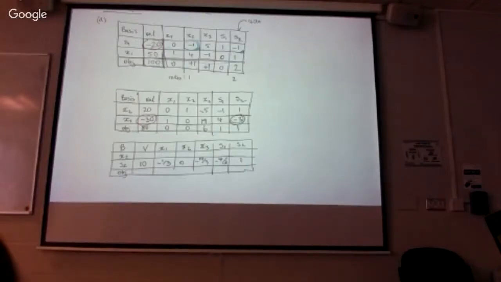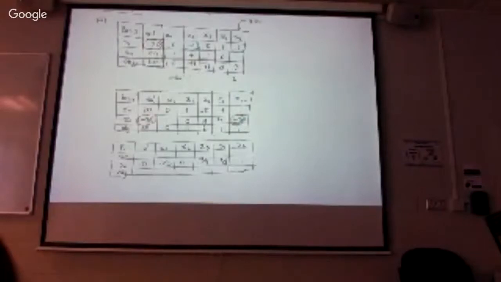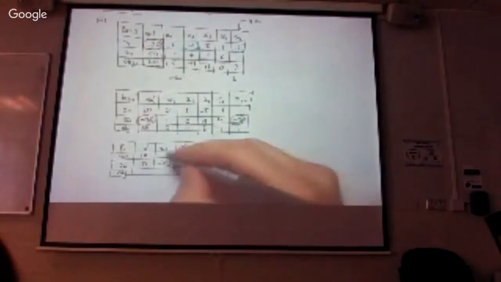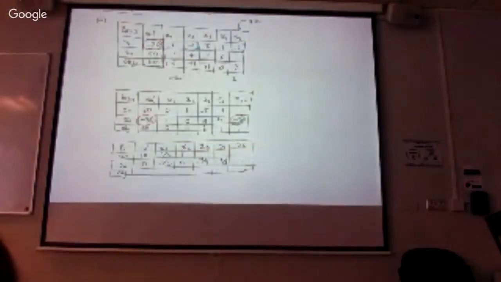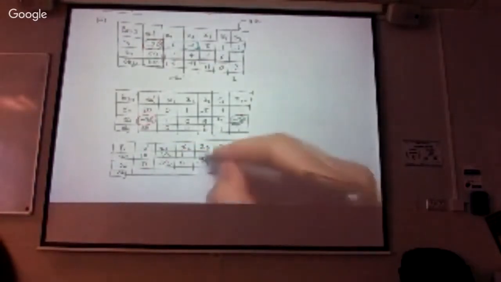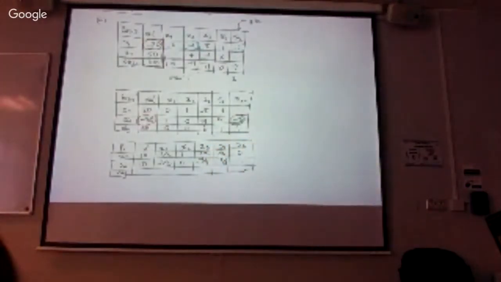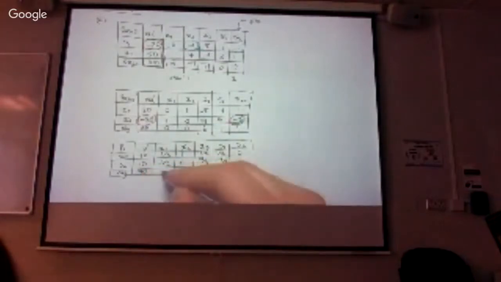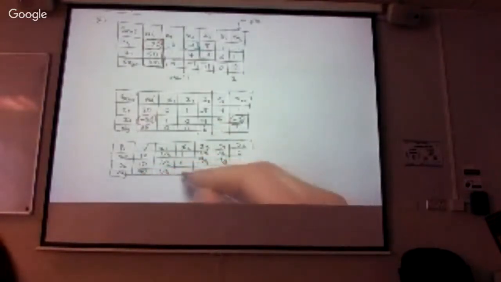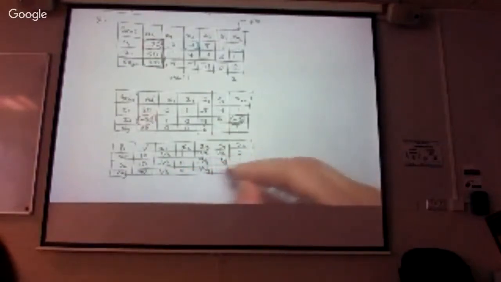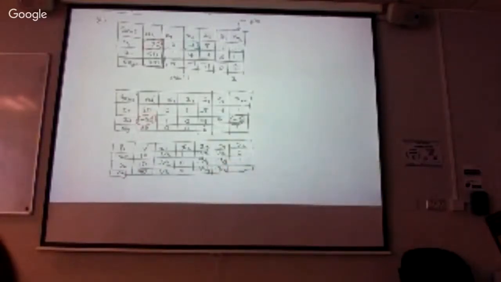Okay, the rest I don't know. Too hard. So apparently it's 10, 1/3, 1, 4/3, 1/3, 0. And the objective row is 70, 37 on the 3, and some more. Mine are all negative because, yes, the negative will be.